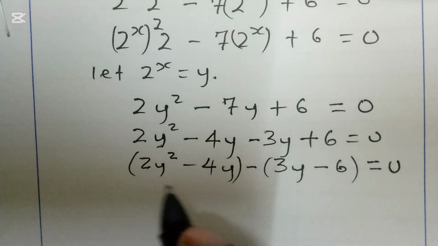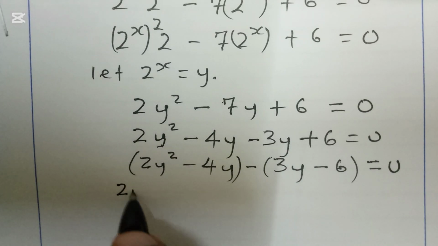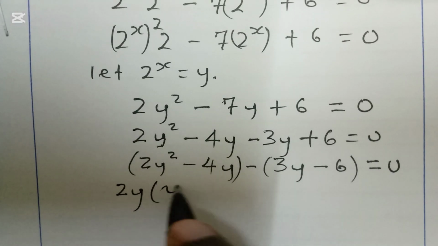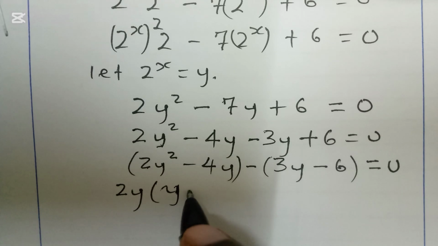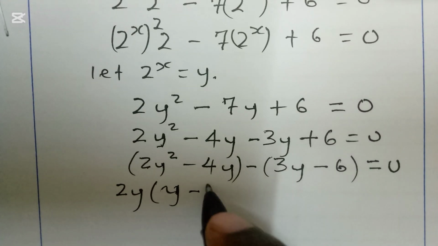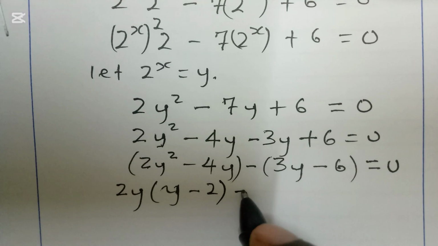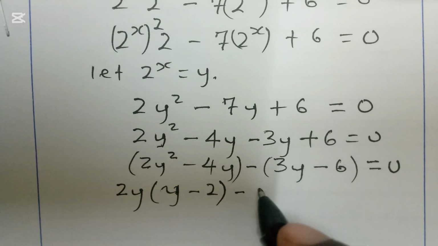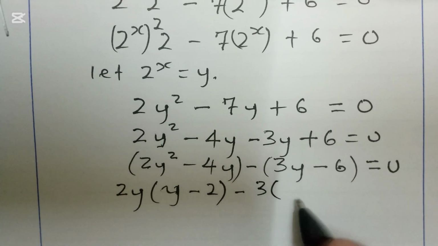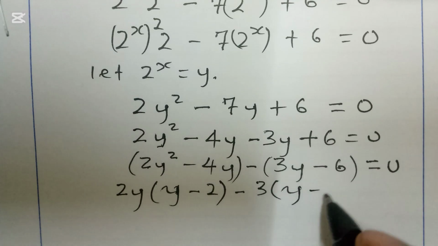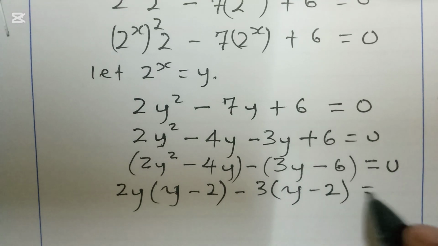So guys, I can factor out the 2y. I will be left with y minus 2, minus, I factor out the 3, I'm left with y minus 2 equals 0.